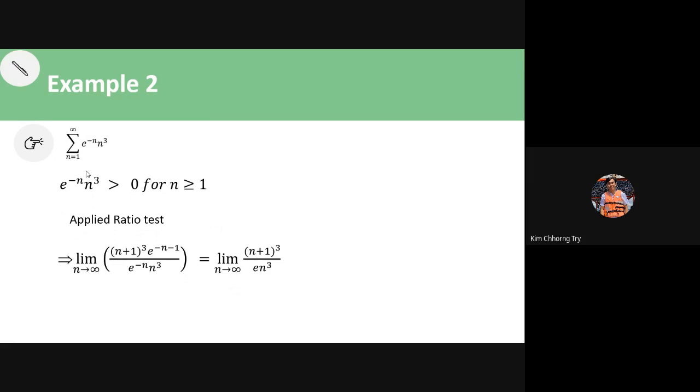We substitute the value of a sub n into the limit and calculate, and we find the answer, which is 1 over e. Since e is approximately 2.7, 1 over 2.7 is smaller than 1, so the series converges.